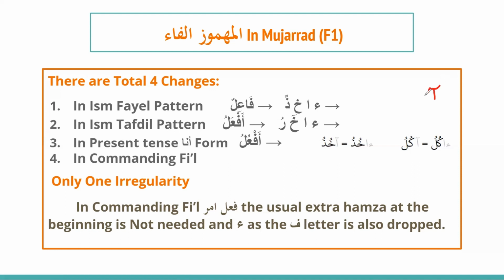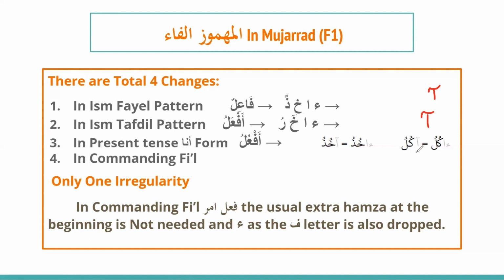So akhizun, amirun, azinun, these are ism fail. The same way you just saw ism tafdil, it's going to be akharu, akhazu, amanu. So you are going to see mud in ism tafdil also.